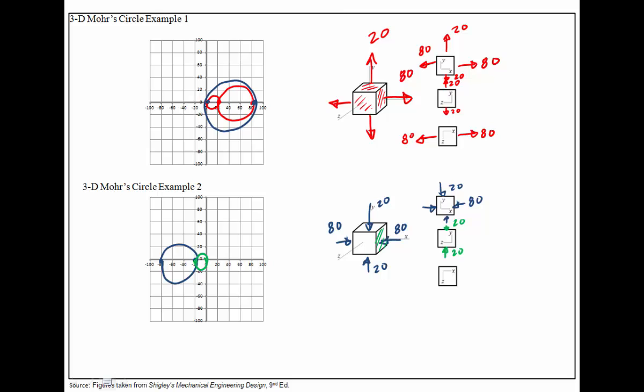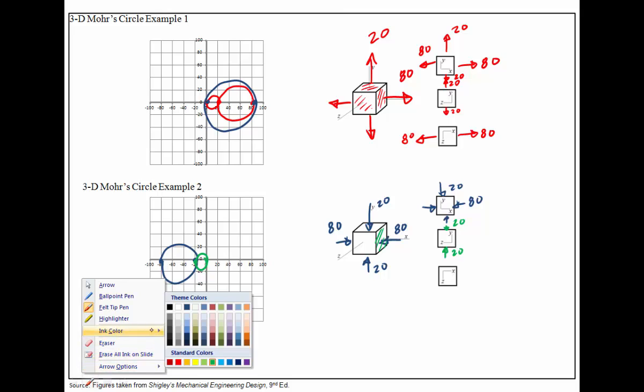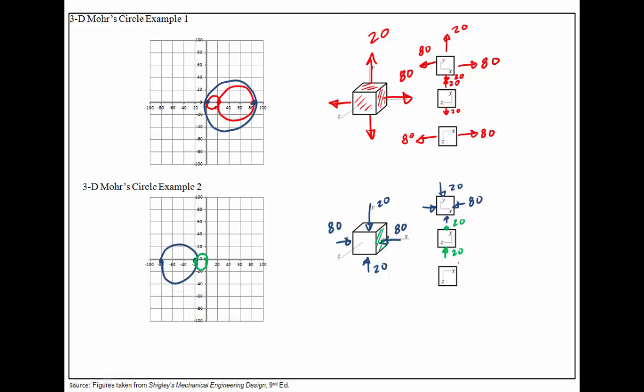So there's a Mohr circle. And then finally, we can do the XZ plane, and we're going to have 80 in the X direction and nothing in the Z direction, both in compression. So it's 80 right here and nothing right here. So now we have this other Mohr circle.